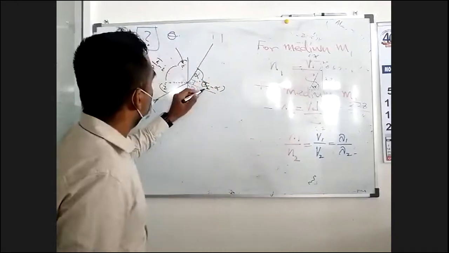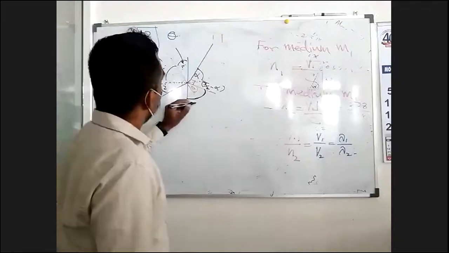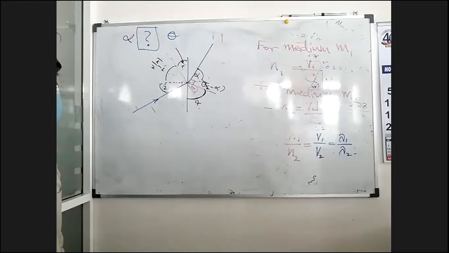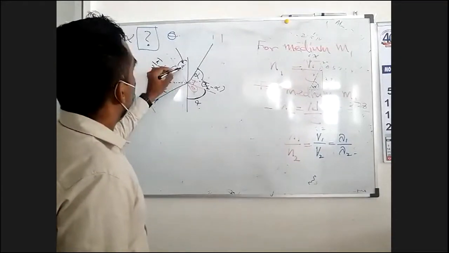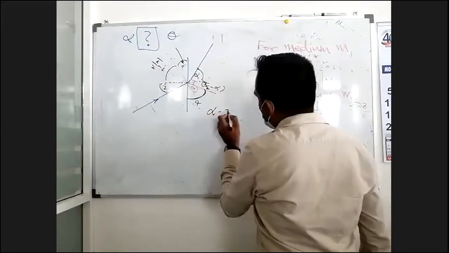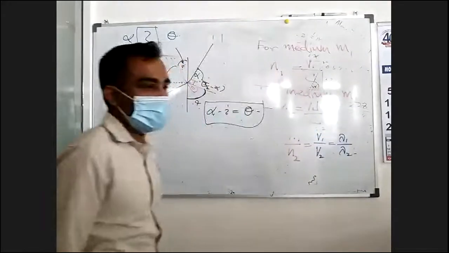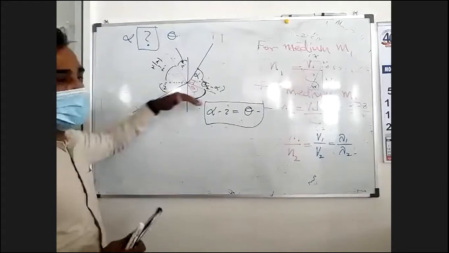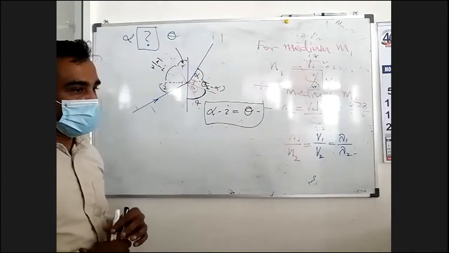So this angle is again alpha. And this is I, this is alpha, then alpha minus I is the theta. Alpha minus I is the theta. Then definitely that much the radiation will be deviated.